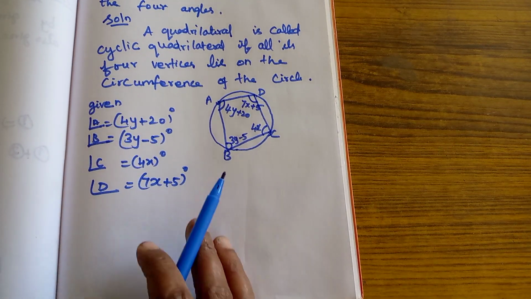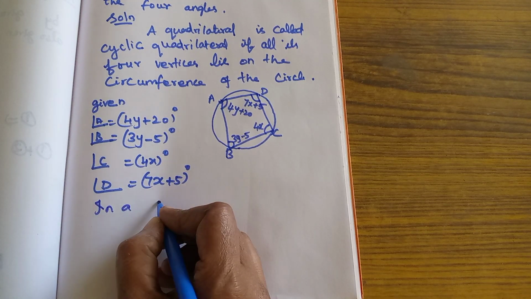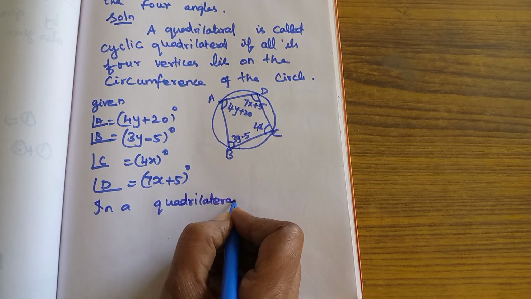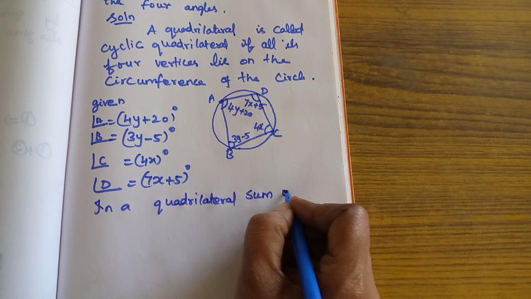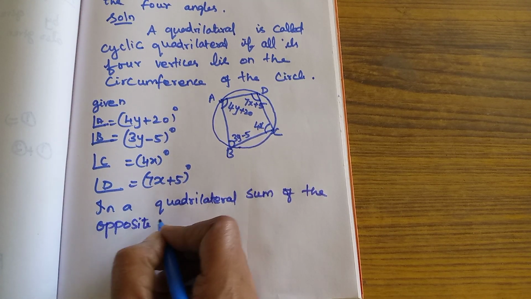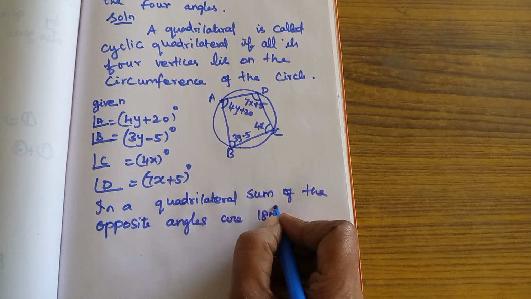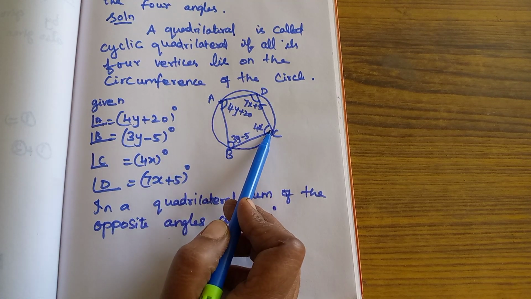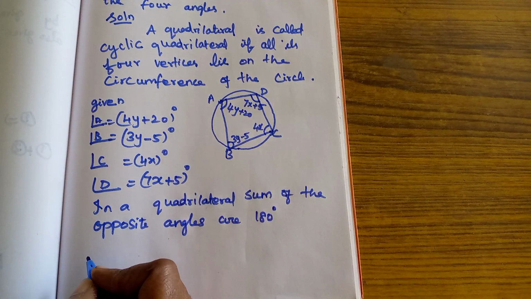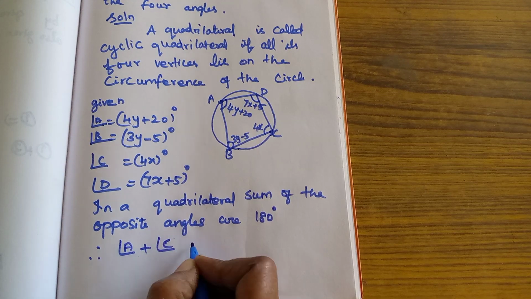In a cyclic quadrilateral, sum of the opposite angles is 180 degrees. Therefore, here A and C are the opposite angles as well as B and D are the opposite angles. Let us take A and C. Therefore, angle A plus angle C is equal to 180 degrees.